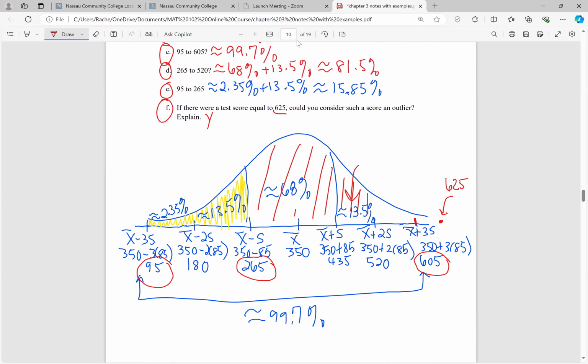So yes, we would consider it an outlier since it falls more than 3 standard deviations above the mean. And that's our rule, right? So this was a nice example of how we can apply the empirical rule when we're working with a bell-shaped distribution. And you'll have more practice with this in the homework questions that I give you in my stat lab.